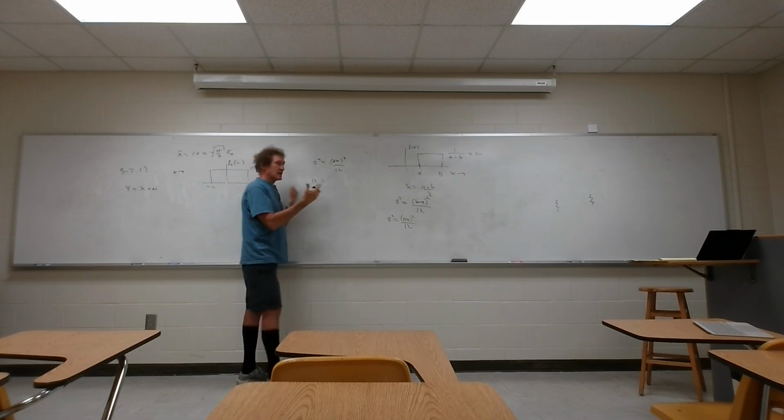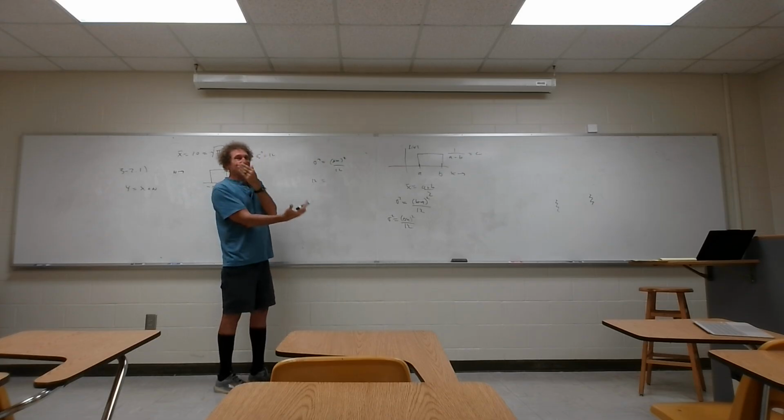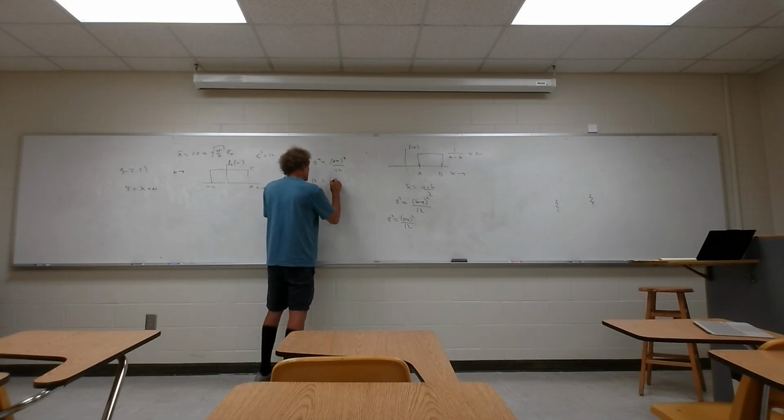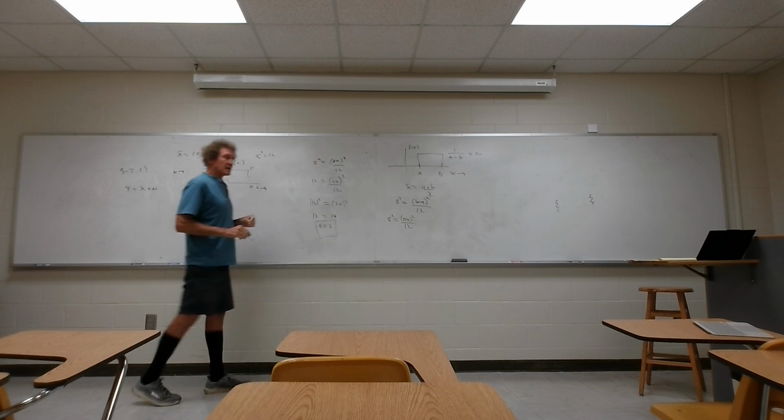Now, that's the spread. It goes from minus a to a, so it's 2a. Do y'all agree with this? So we've got 2a squared over 12, and that's going to be 12 squared equal to 2a squared, or 12 is equal to 2a, or a is equal to 6. I think that's right.